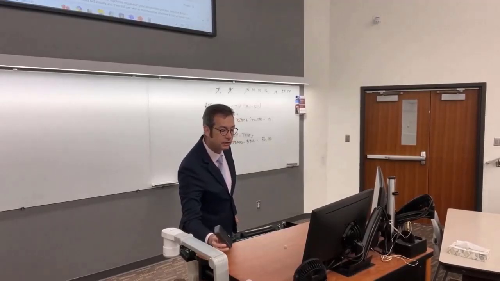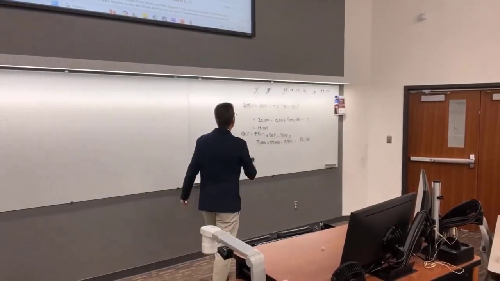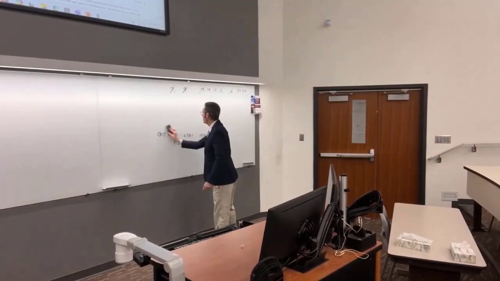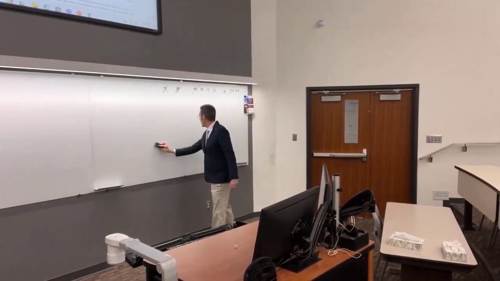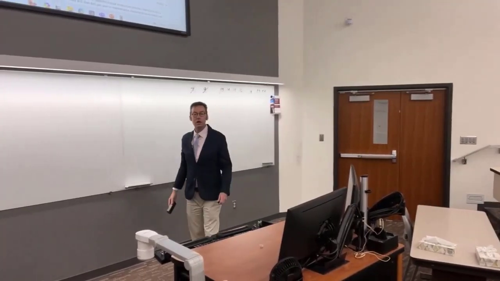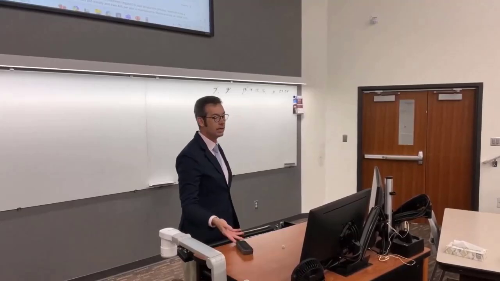Expected life of 3 years and an expected life of 4 years. So this is looking at projects of different lives. And the way we're going to do that is to look at the effective annual cost or equivalent annual cost, EAC, right?